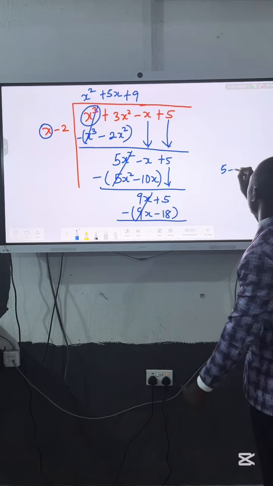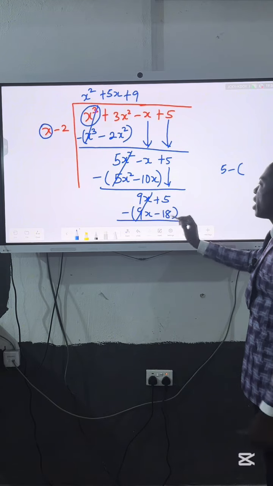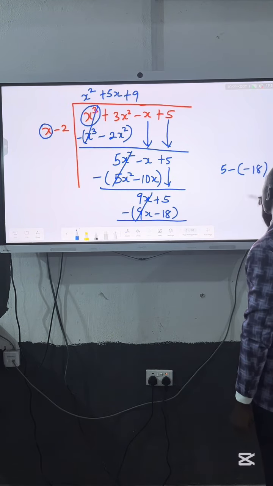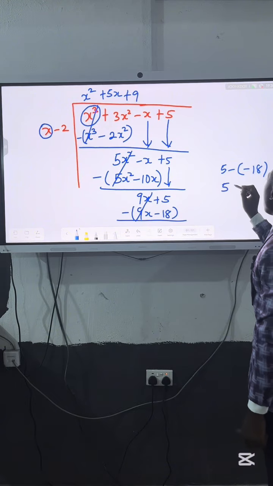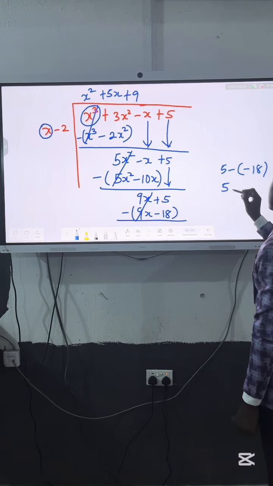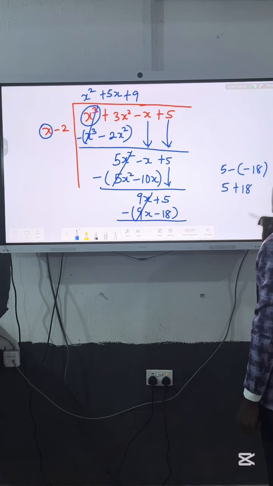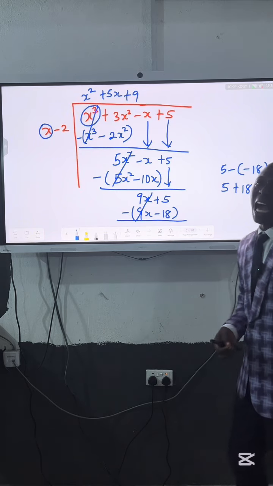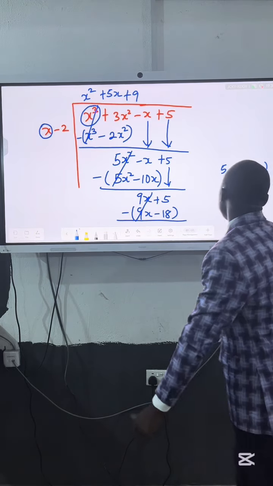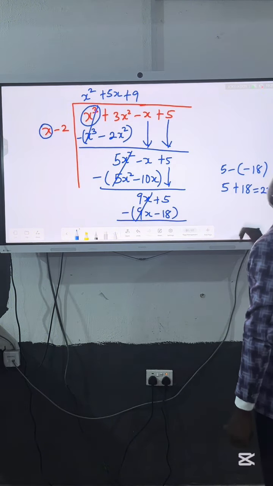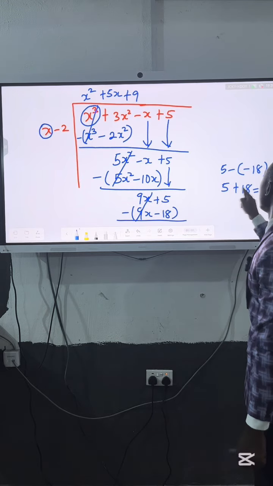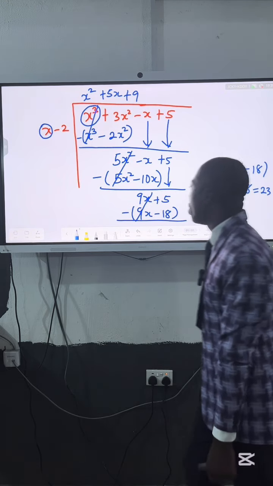Then what you want to subtract has its own minus, so you put it in brackets. So this will be 5 minus into minus. That's minus times minus to give you plus, and then 18 will come out. Alright, so if you add 5 to 18, you are going to get 23. If you remove 2 here and fix here 20, the remaining 3, 23.